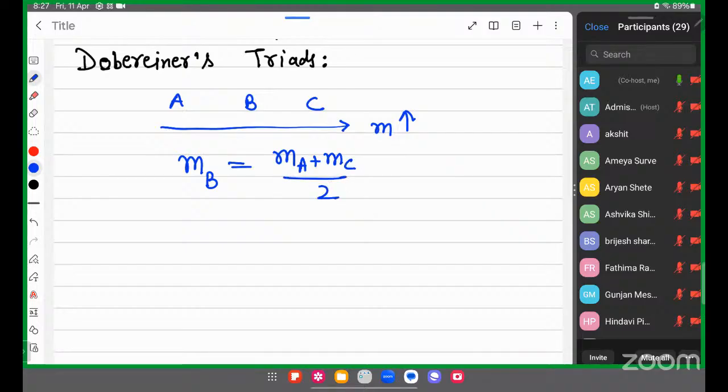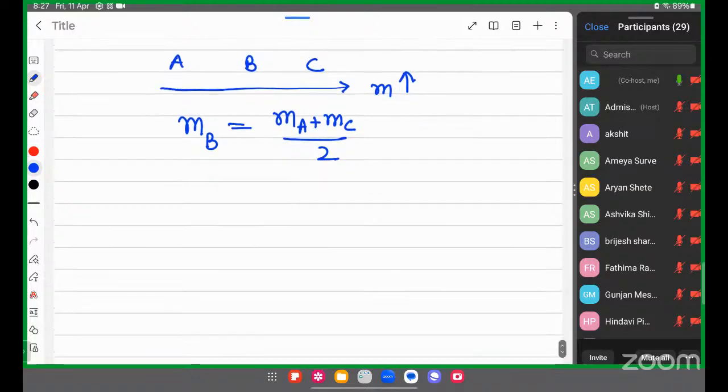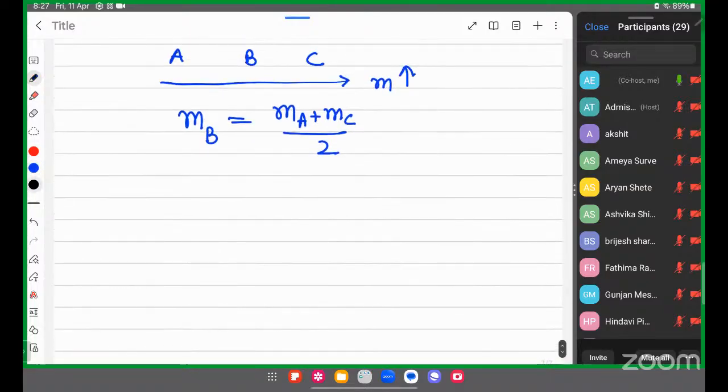That is, the mass of B is the average of the masses of A and C. An example is the triad of lithium, sodium, and potassium, with masses 7, 23, and 39.